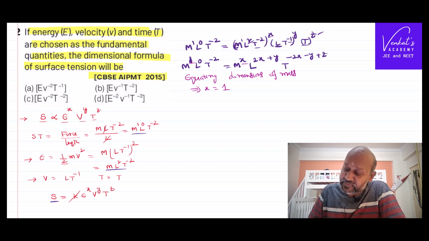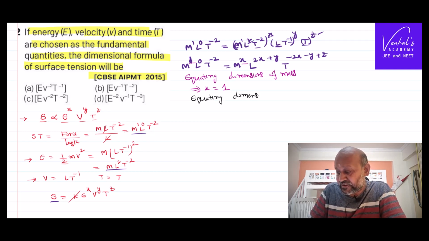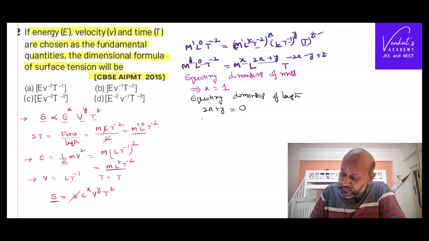Now equate the dimensions of length on both sides. Right hand side 2x plus y. Left hand side it is 0. But we have already proved that x equal to 1. So 2 plus y equal to 0. That implies y equal to minus 2. I got the dimension y.